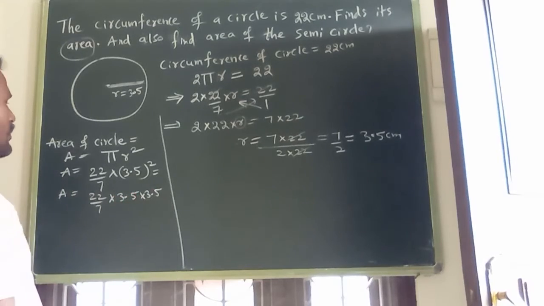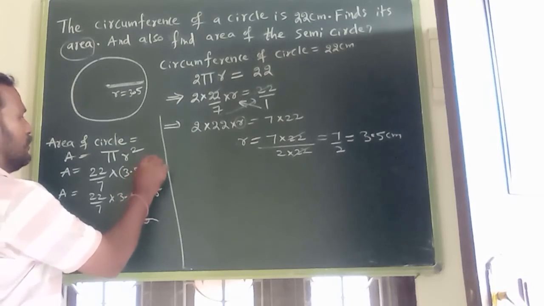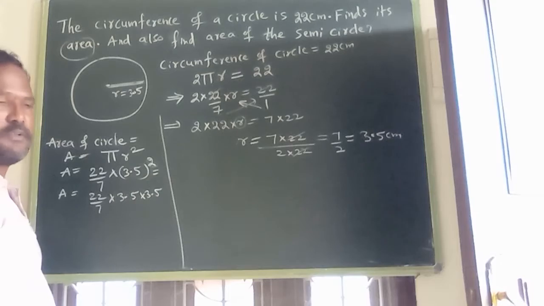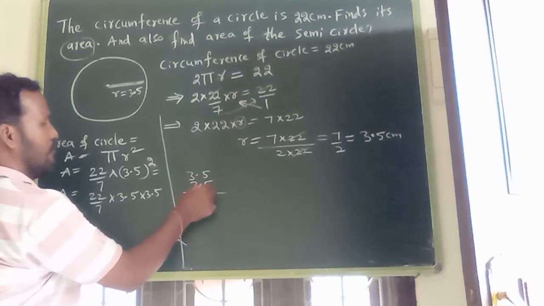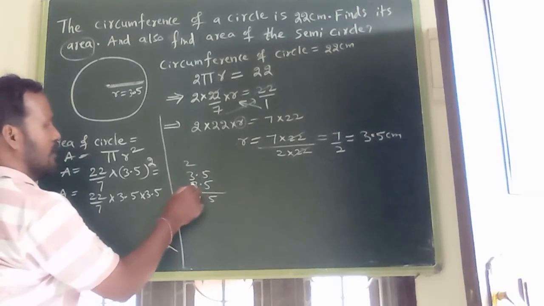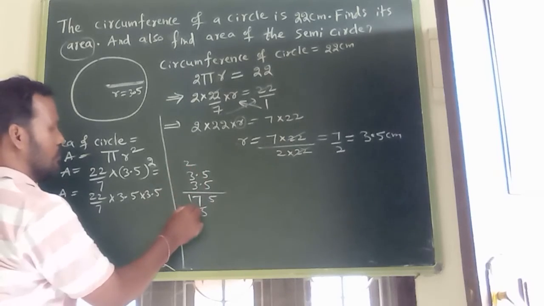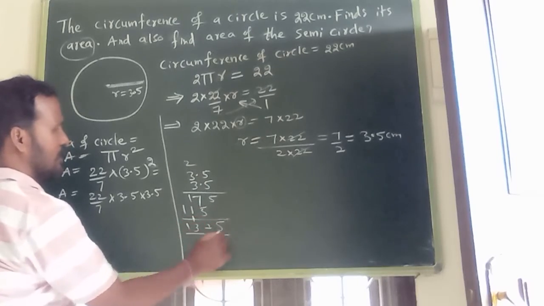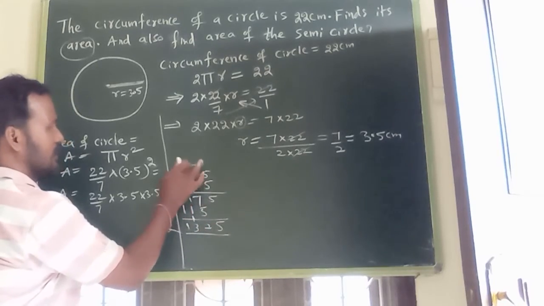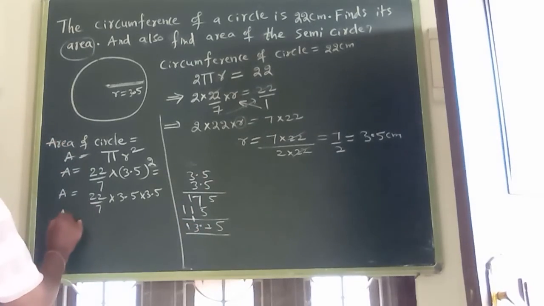We have to find 3.5 into 3.5 because we have a square. In the rough work, 3.5 into 3.5 is 13.25, with 2 decimal places.